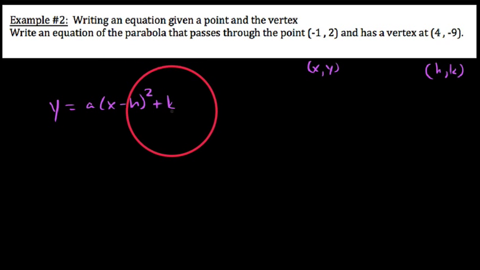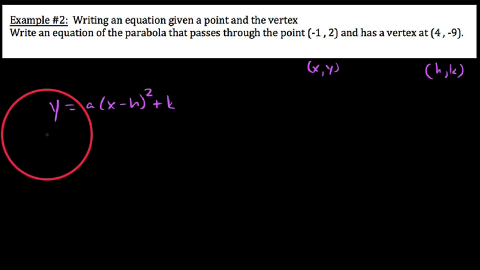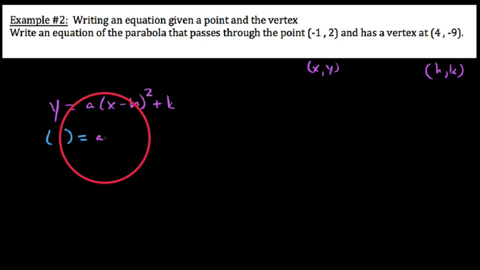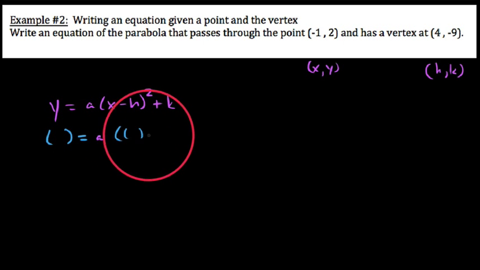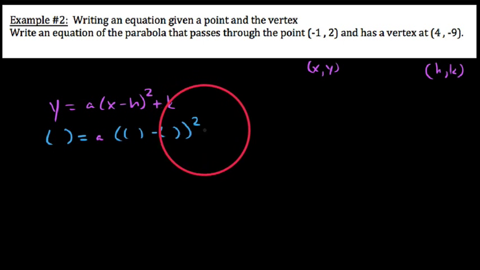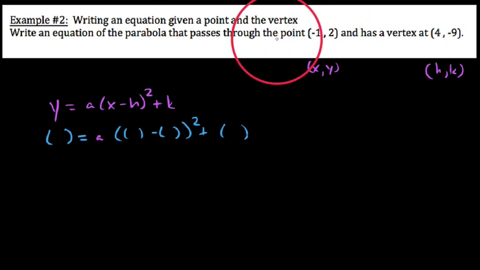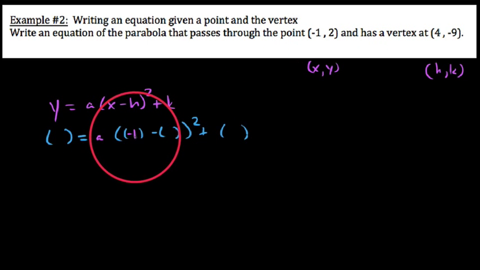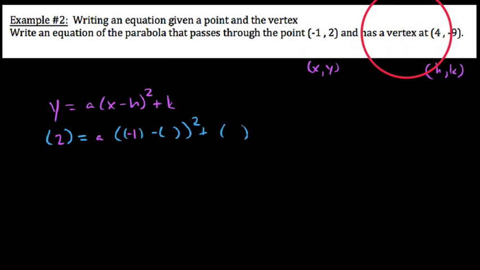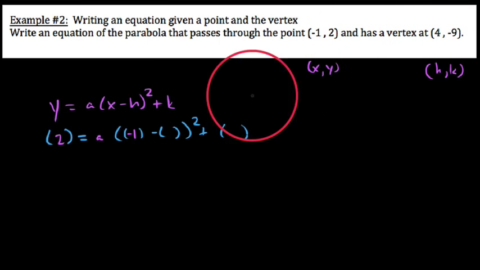So now if you're interested in seeing the solution, I'm actually going to follow through and show you what we would get in this case. We're going to solve for a. Our x and y values, this point x, y, we have respectively negative 1 and positive 2. So our x value is negative 1, and our y value is positive 2. And then our vertex values, our h and k, are 4 and negative 9 respectively.